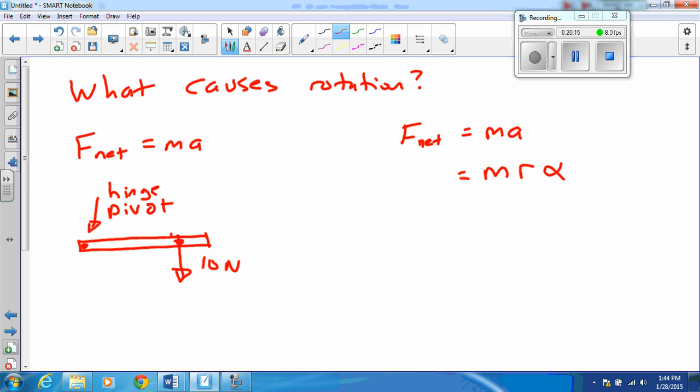And some of you called that leverage, and that's exactly right. So the more leverage a force has, the greater tendency it will have to cause rotation. How do we measure that leverage? We're going to measure that leverage as the product of force times distance. We're going to call that torque.